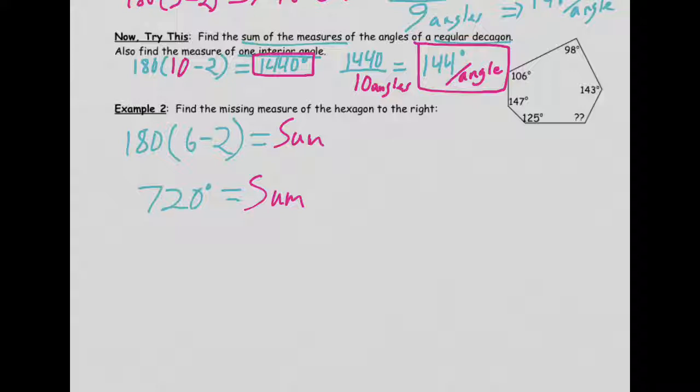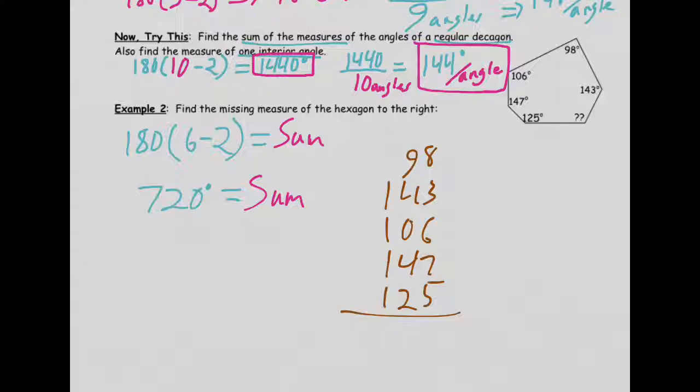Just to make sure, 720 degrees equals 98 plus 143 plus 106 plus 147 plus 125 plus whatever this is right here. And so we're actually going to add up all of these together. When you add up 98 plus 143 plus 106 plus 147 plus 125, you get 619.